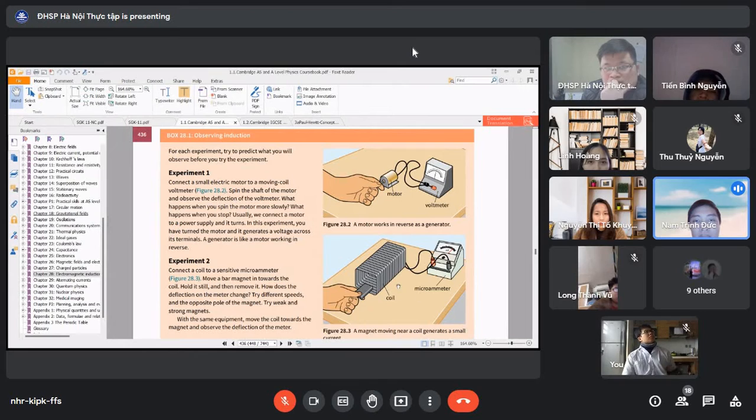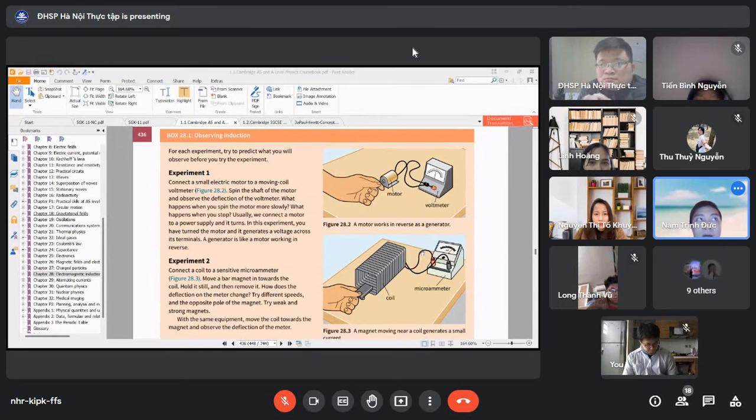But in grade 11, we learn once again about this phenomenon, but we learn more details about it. We know about the electromagnetic flux and how to calculate the electromagnetic flux through the area of a coil.